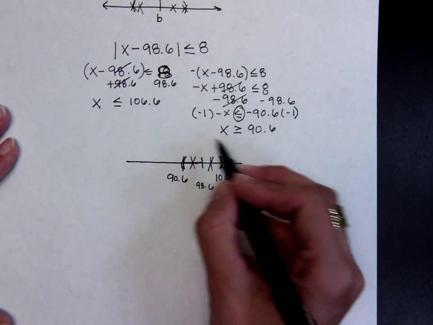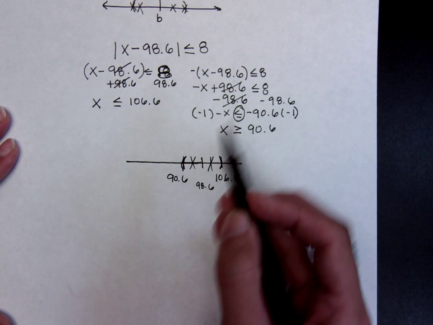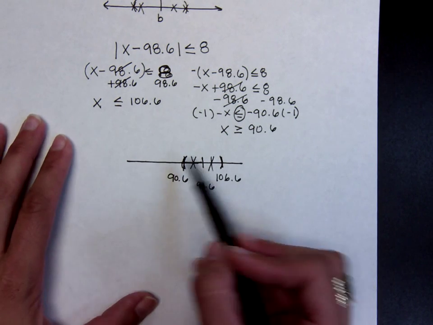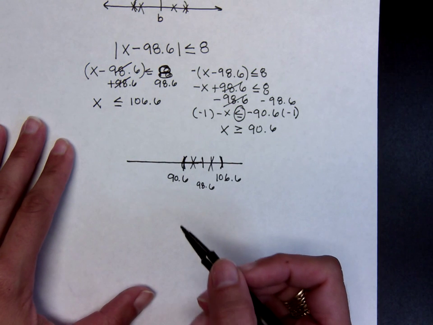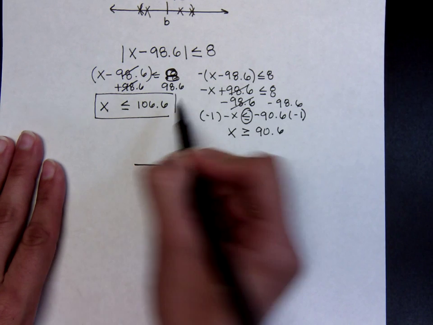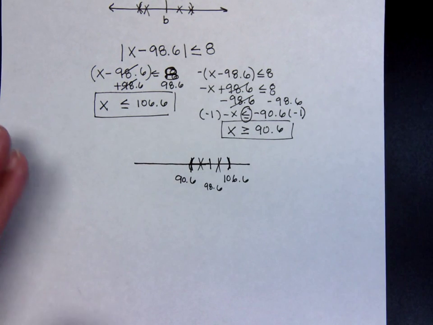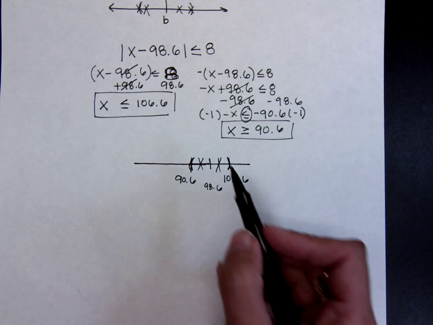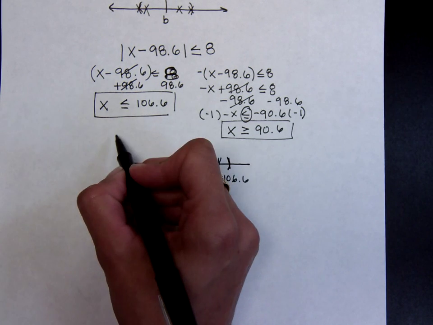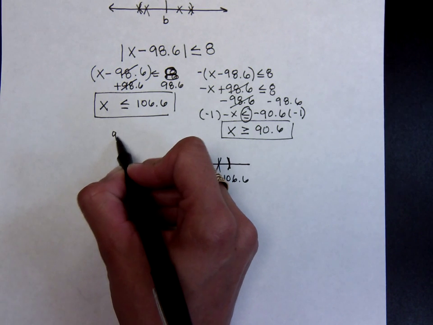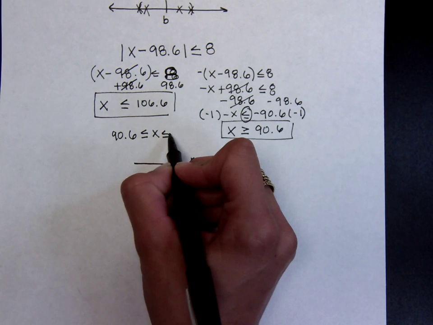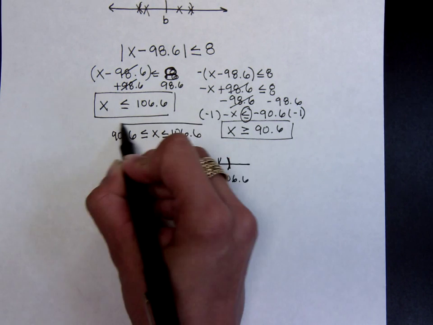So all of the acceptable temperatures are between 90.6 and 106.6, or else you may have hyper or hypothermia. So those are our two solutions to the problem. And we can write them as a compound inequality. So 90.6 is less than or equal to x, which has to be less than or equal to 106.6.